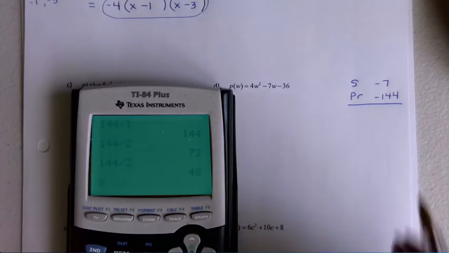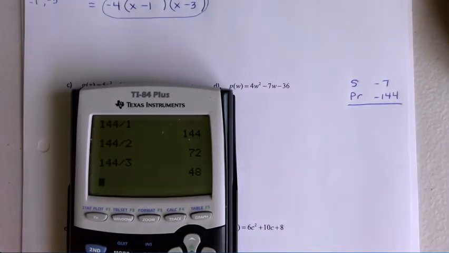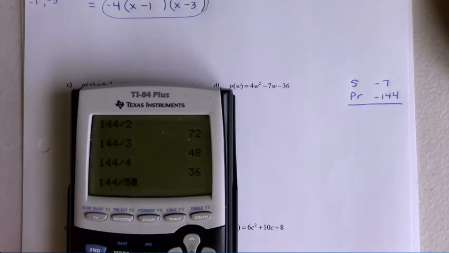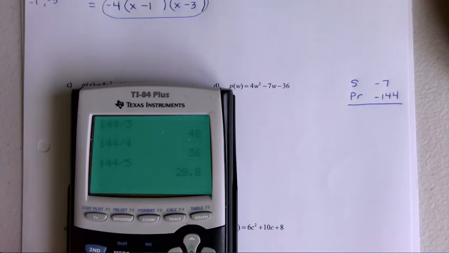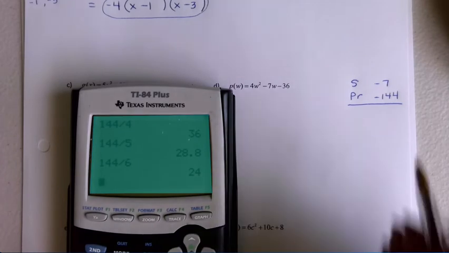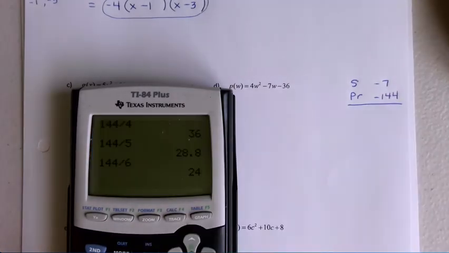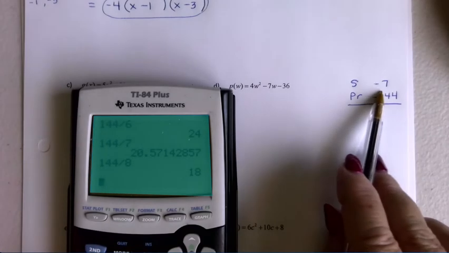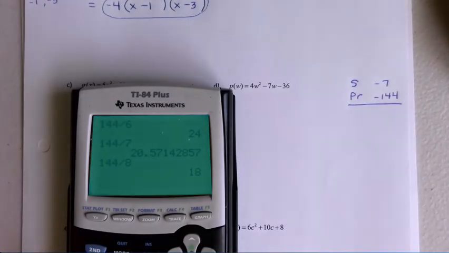3 and 48, not getting that sum of 7 yet. 4 and 36, I don't think 5's going to work at all. Nope, doesn't come out evenly. 6 and 24, we're still not getting a sum of negative 7. 7 doesn't work. 8 and 18, we're getting a little closer, but still no sum of negative 7.